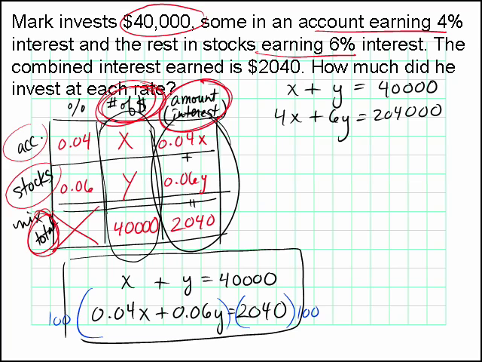I will eliminate the x's by multiplying the top equation by -4. So both sides multiplied by -4. And to save a little room, I'm going to just rewrite it right here. So that would be -4x minus 4y. And then I get 40,000 times -4, which should be negative 160,000.